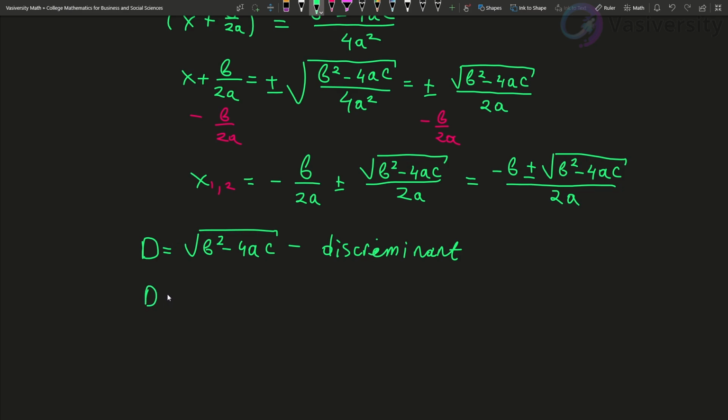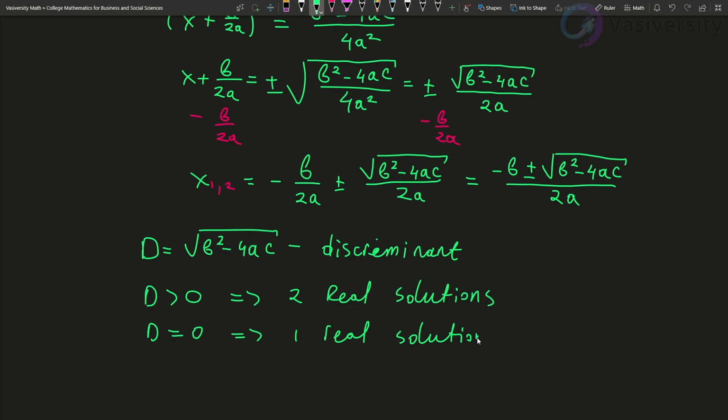So if D is greater than 0, we have two real solutions. If D is equal to 0, we have one real solution. And if D is less than 0, we have two complex solutions, because we're going to be taking a square root of a negative number.